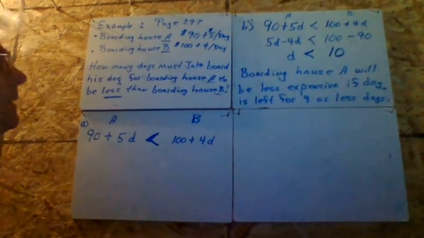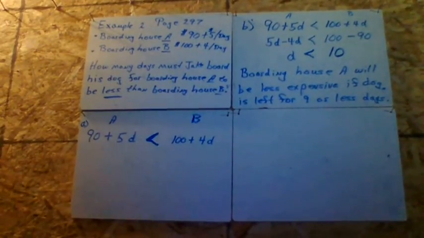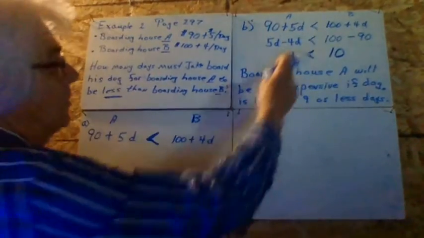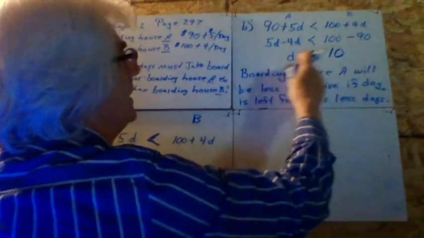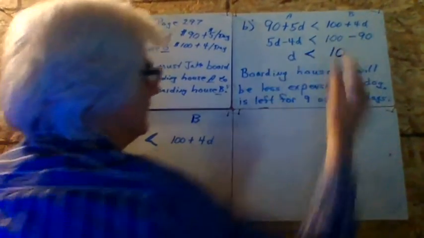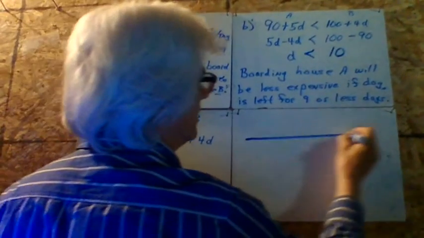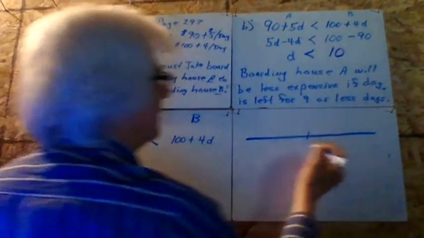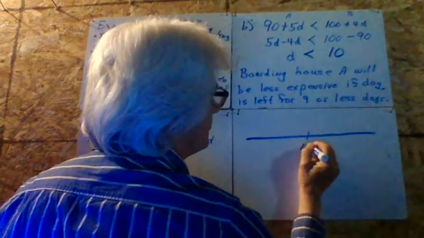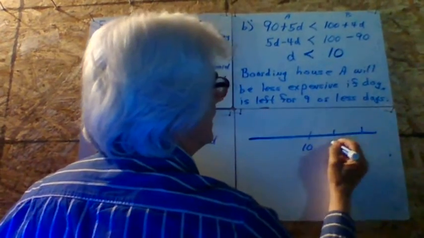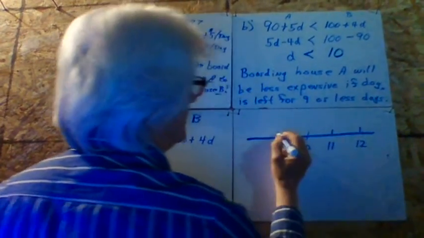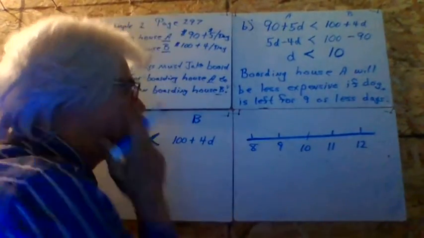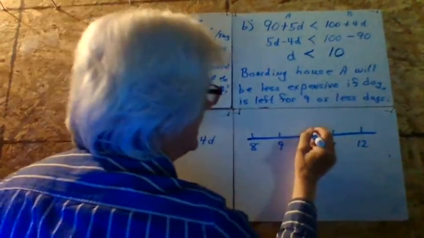All right. So again, I look at my inequality. I look at the answer to my inequality. D will be less than 10. So make my number line for my graph. I'm going to start the middle as 10. Two bigger, 11 and 12. Two smaller, 9 and 8. I start off on 10.